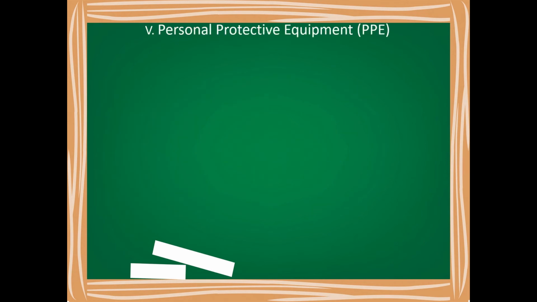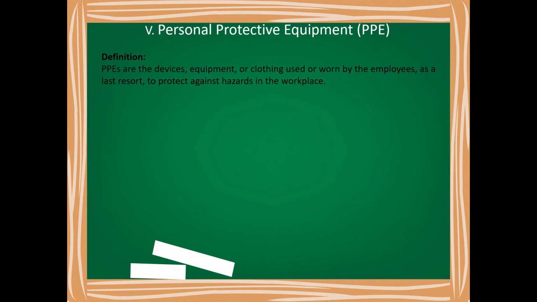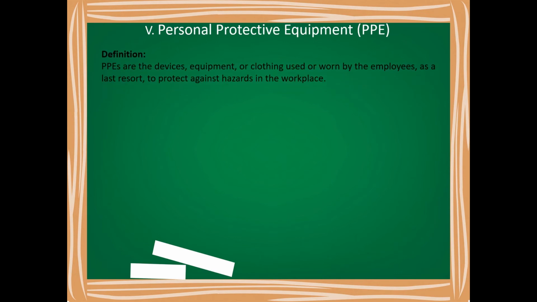Personal protective equipment, PPE. Definition: PPEs are the devices, equipment, or clothing used or worn by the employees as a last resort to protect against hazards in workplace. Categories of PPEs.